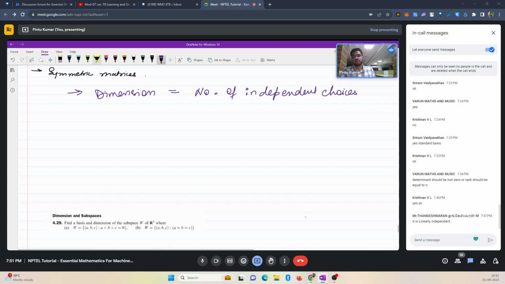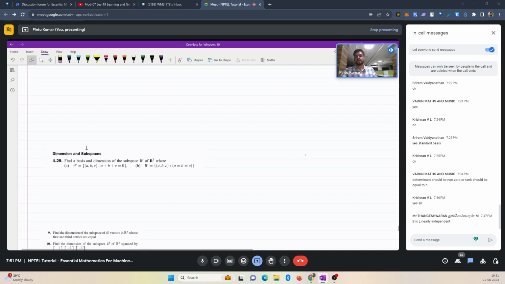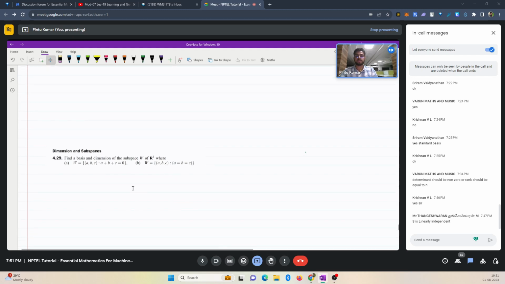This particular line will help you solve almost every problem where you have to find the dimension of a subspace. What is meant by the number of independent choices? Let's take this example, then we'll get back to the skew symmetric one. This will help you understand it better.